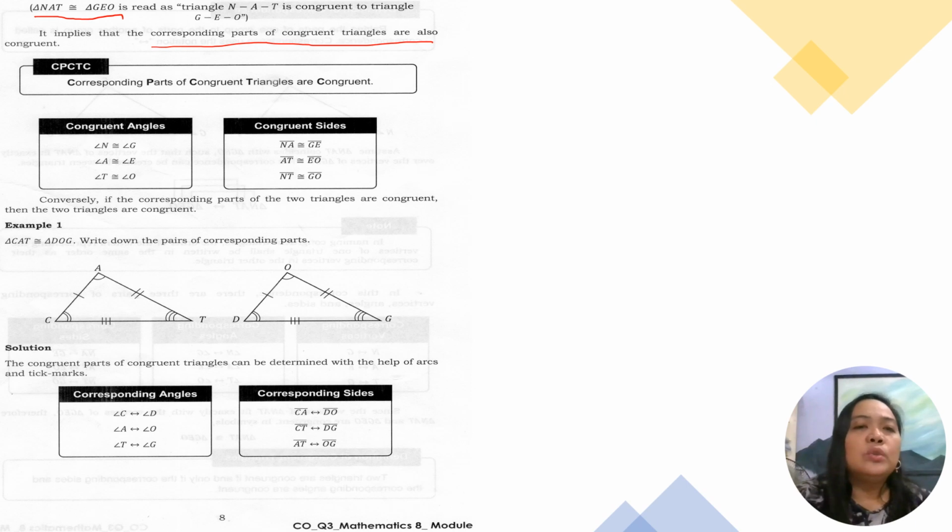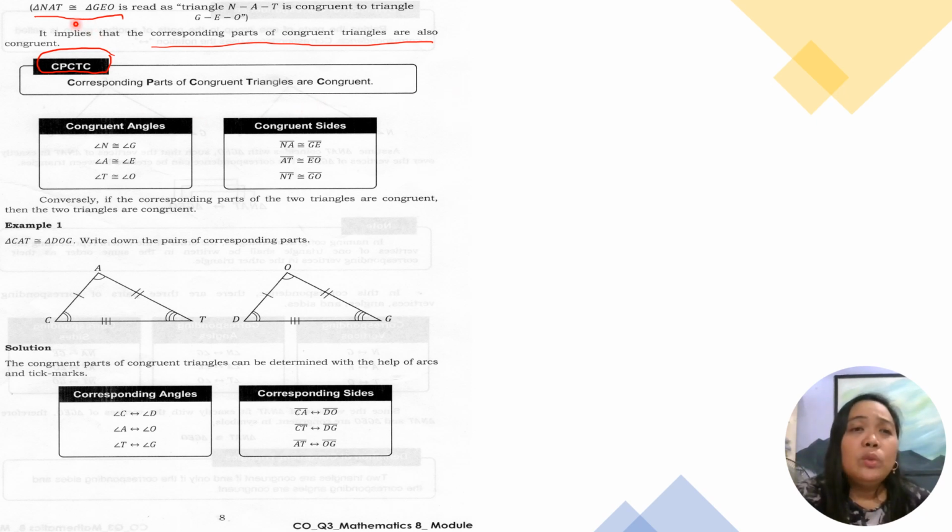This will lead us to our abbreviation CPCTC. C stands for corresponding, P stands for parts, C stands for congruent, T stands for triangles, and C is congruent. Again, CPCTC means corresponding parts of congruent triangles are congruent.